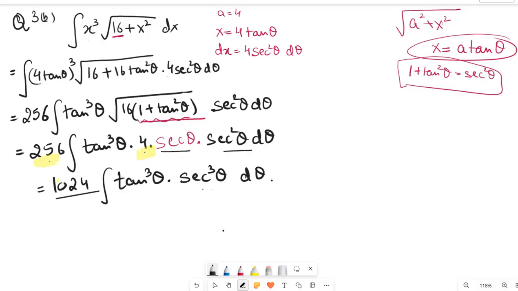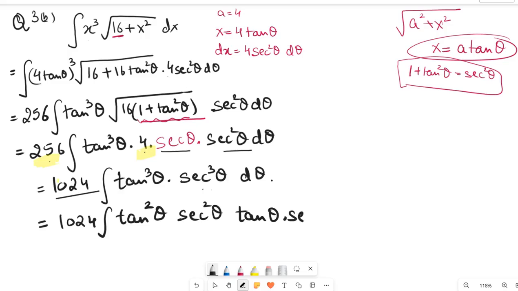If it's an odd power, which this one is, we are going to peel one tangent and one secant and put it down with d theta.